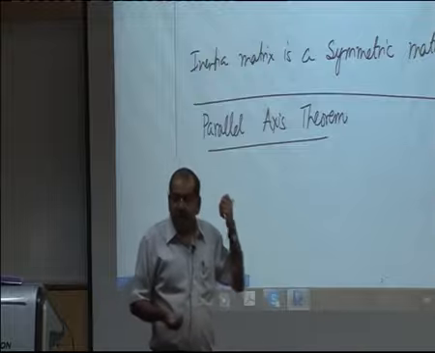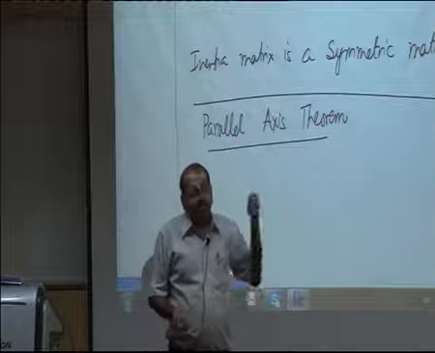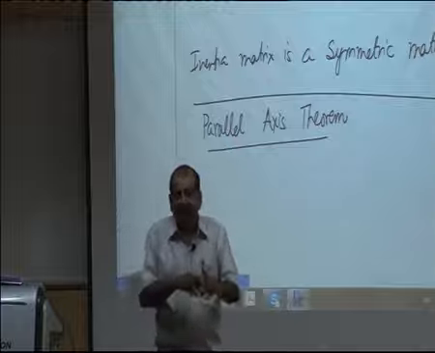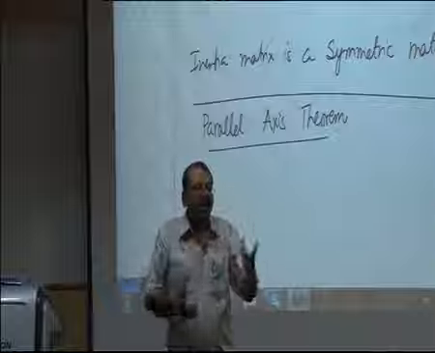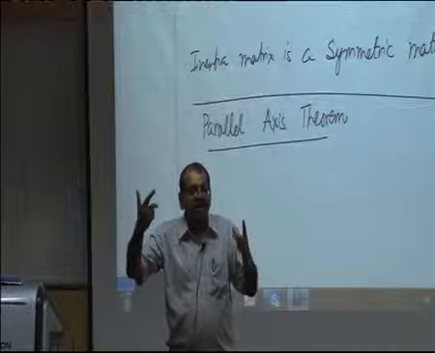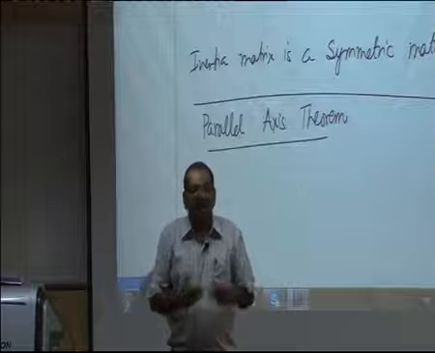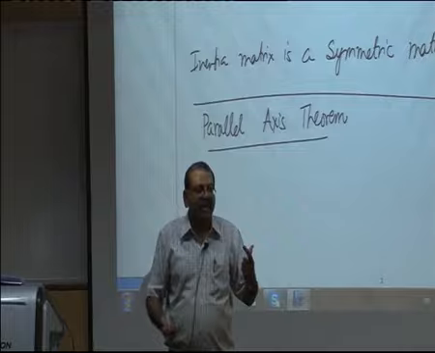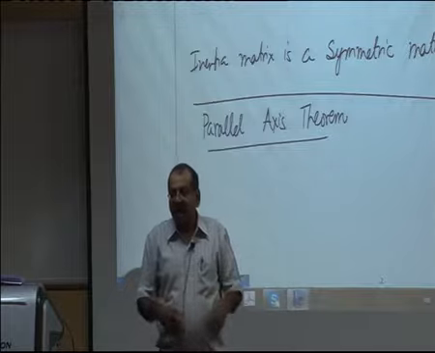And when we say parallel axis theorem, what is assumed is that if I have x axis, y axis and z axis passing through A, and I make x, y, z at B, then these two sets of axes are parallel to each other. That means the x axis at A and the x axis at B are parallel.